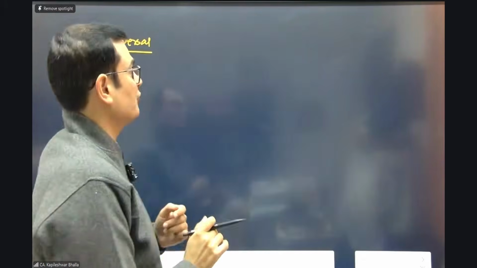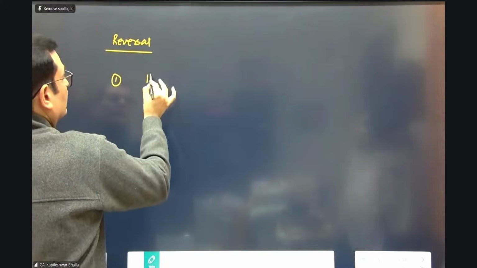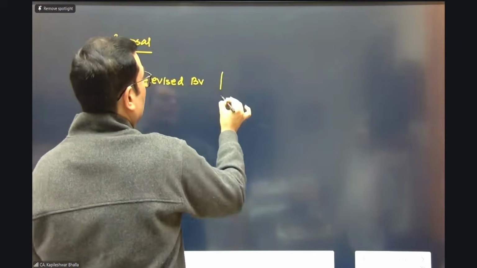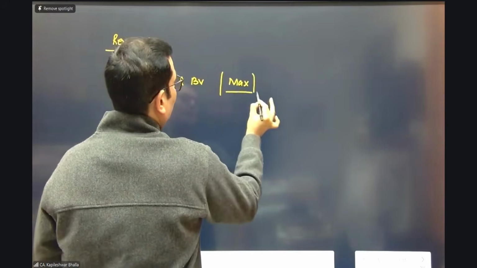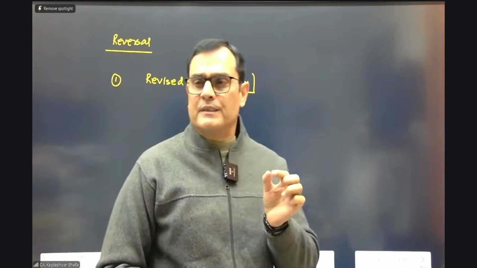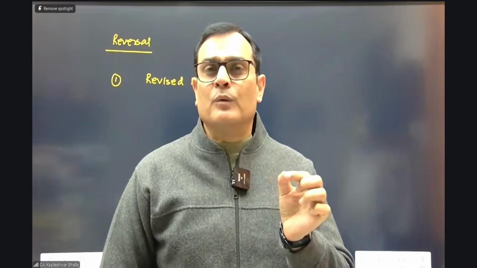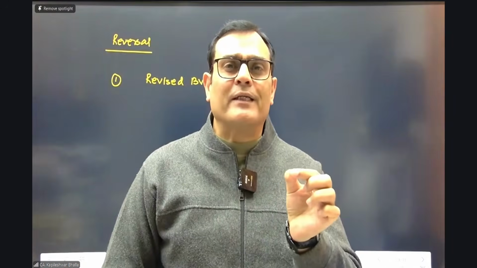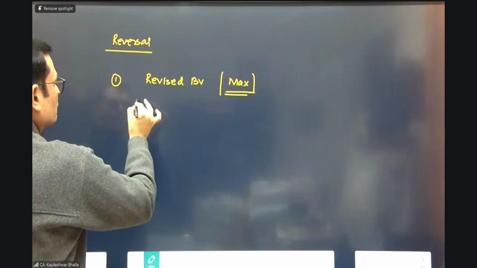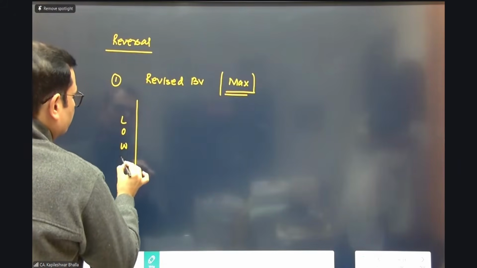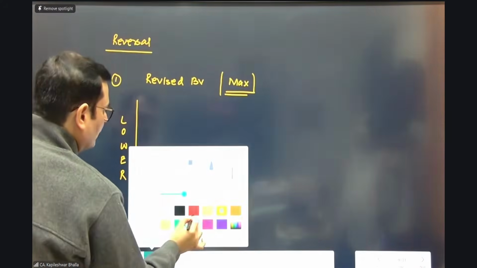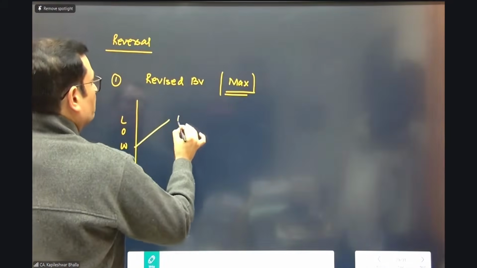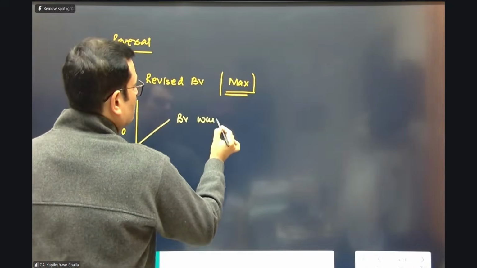First, you need to calculate what can be the maximum revised book value. So you need to first of all calculate the revised book value. What can be the maximum revised book value? So first you need to focus that, if I go for a reversal, what is the maximum revised book value which can be? And this is supposed to be the lower of the two.